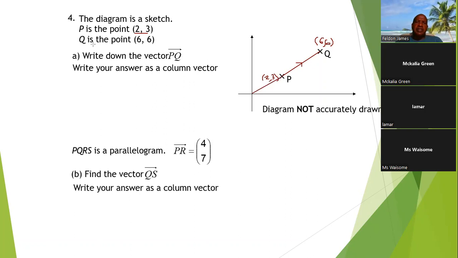And then the position vector Q will go from O to Q, which is (6, 6).